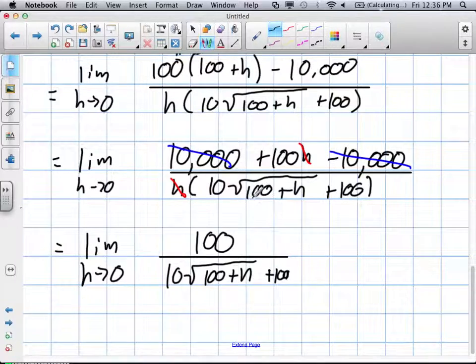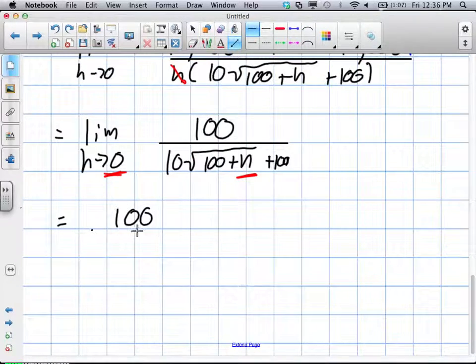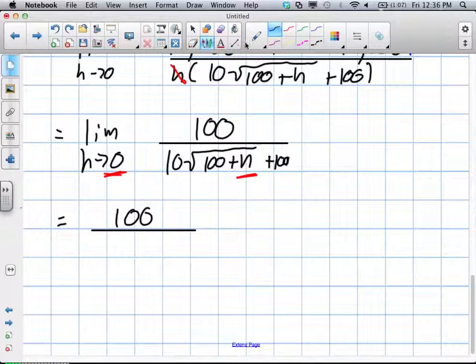From here, there's not much else we can do to simplify. Looking at this, it'll be easy for us to solve. Our limit is as h approaches 0, so this is where we put our 0 in for h. So our limit continues down to 100 divided by 10 times root 100 plus 100.